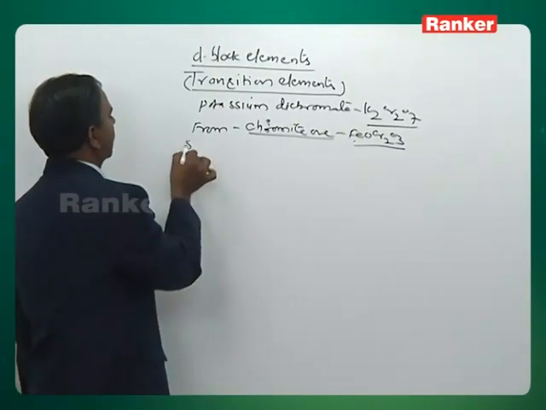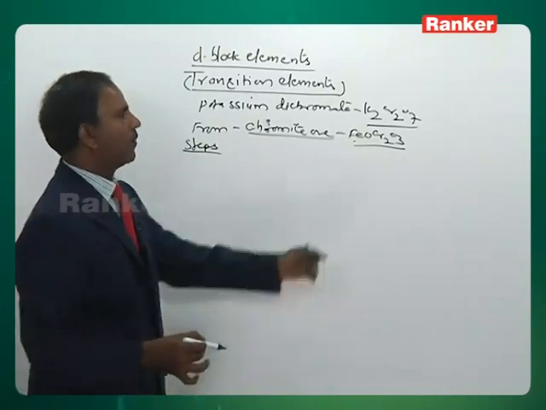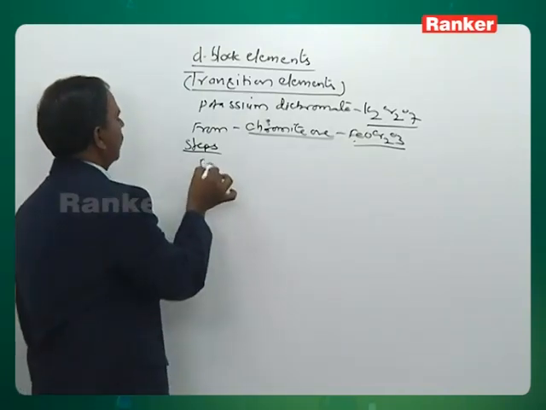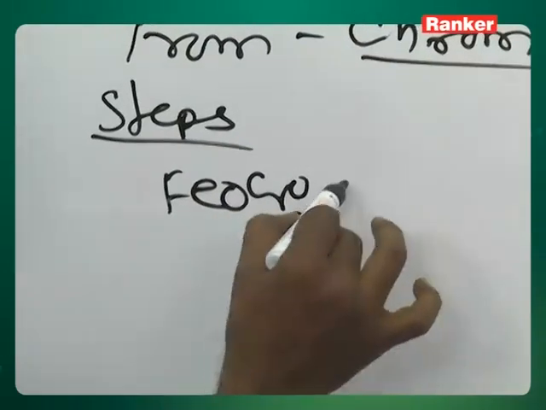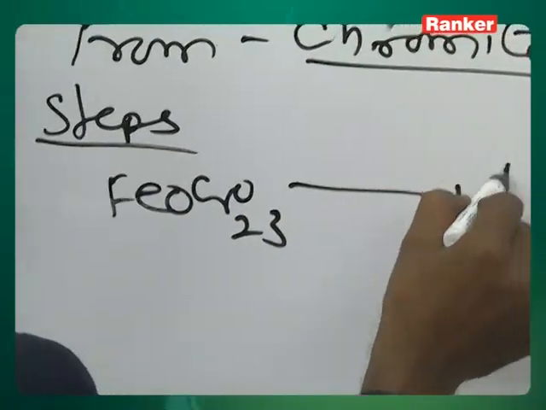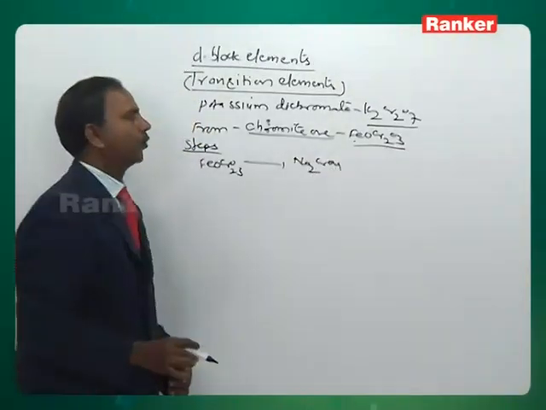Let us see what are the steps involved in the preparation of potassium dichromate from chromite ore. Chromite ore FeOCr2O3, in the first step we convert into sodium chromate Na2CrO4.